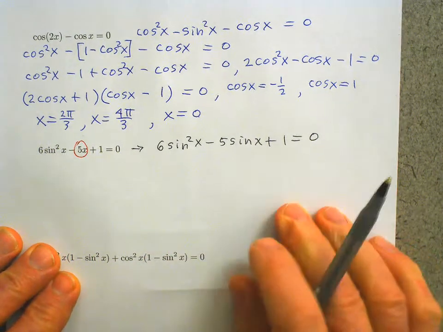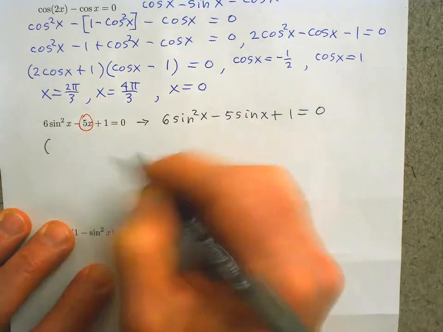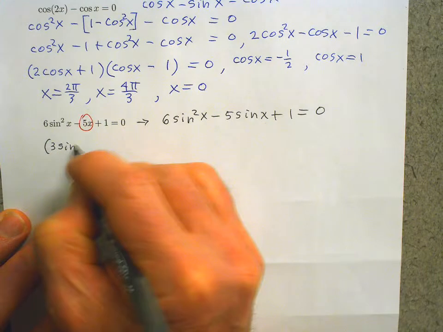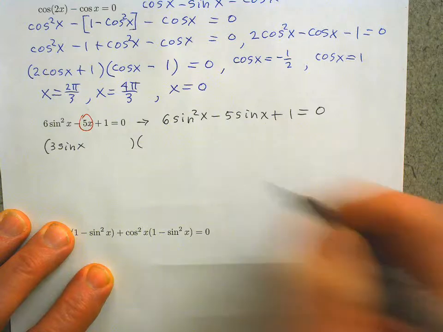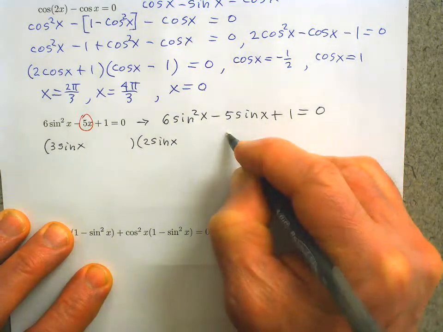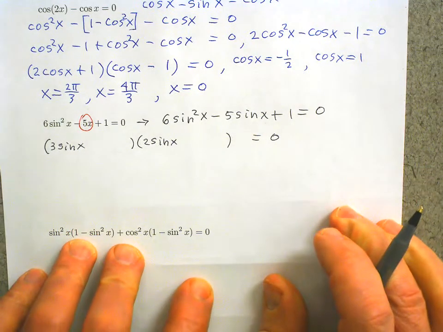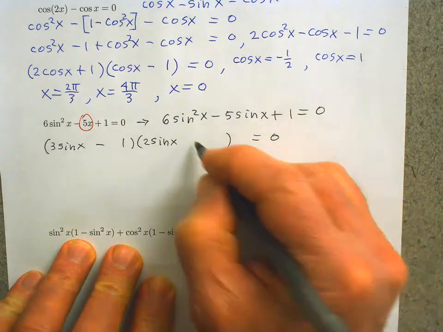Well, this factors pretty nicely. So I'll put 3 sine of x in one set of parentheses and 2 sine of x in the other. And it looks like I need a minus 1 in both factors.